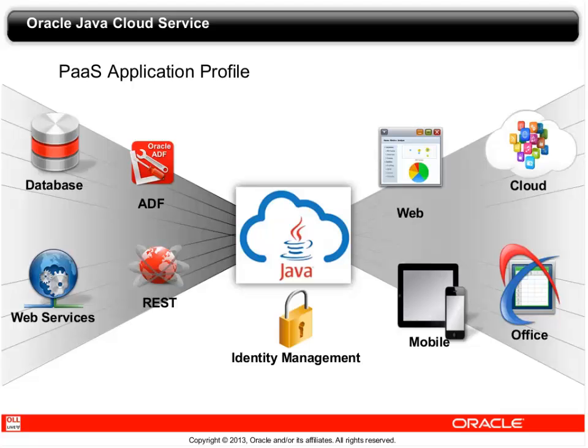What I want to do next is spend a little bit of time talking about cloud. You've probably heard the word cloud. It is definitely a buzzword in the software industry, and clouds come in a variety of different flavors. There is infrastructure as a service, or IaaS cloud, software as a service, or SaaS, and platform as a service, or PaaS.